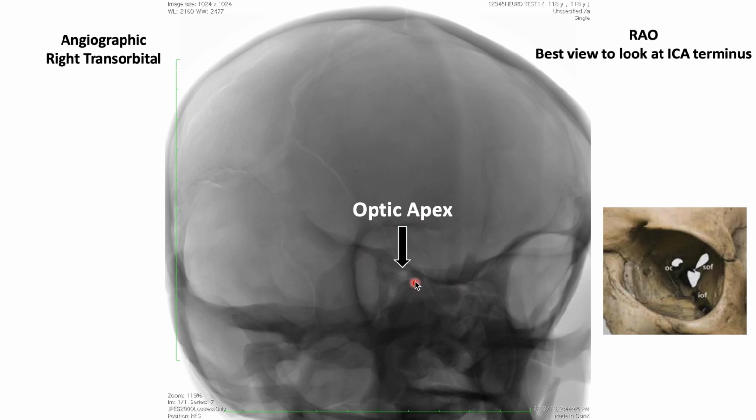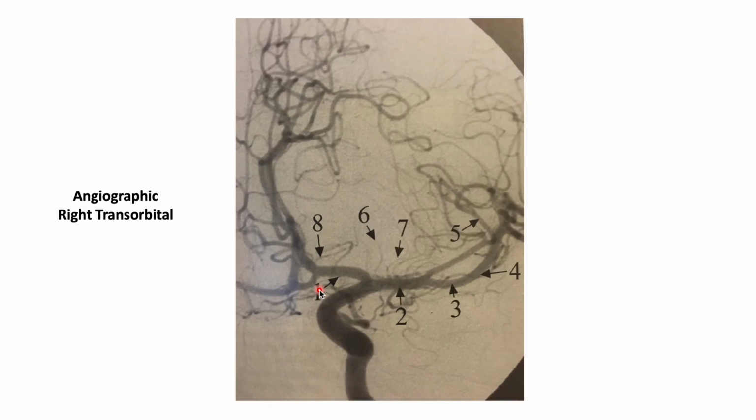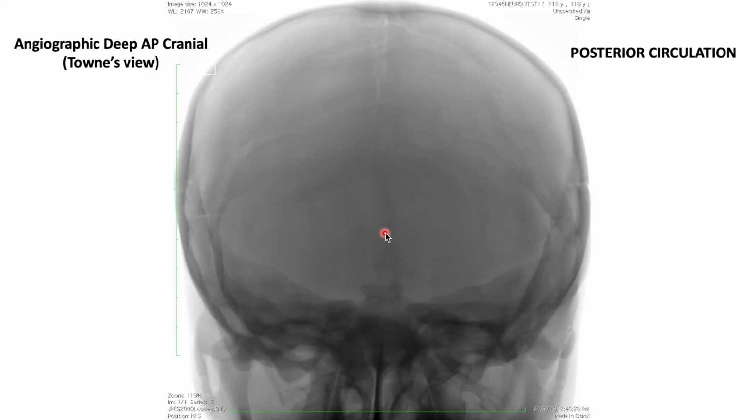So this is the optic apex, and you want to bring it right in the middle of the orbit. So what you will see then is this is an ideal view to look at the bifurcation of the internal carotid artery. So the bifurcation very clearly opens up here, and at times it's easier to appreciate things if they are not very clearly visible in the epicranial view.